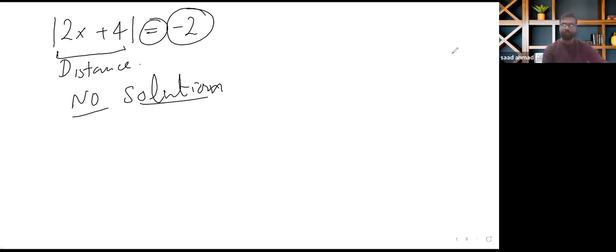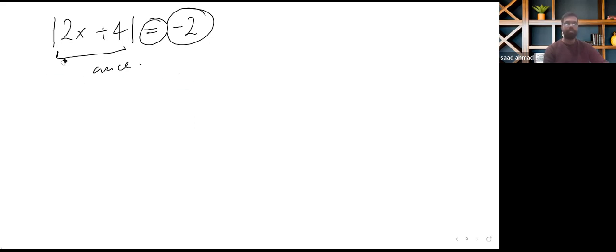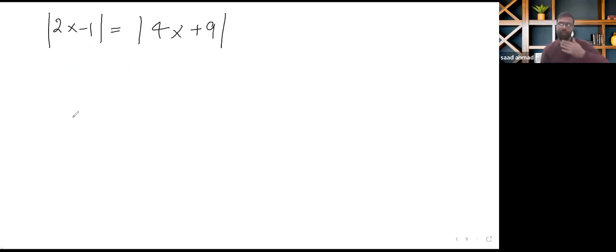And then we can also have some scenarios when we have the absolute value on both sides. Let's say we have the absolute value of 2x minus 1 equals the absolute value of 4x plus 9. Now in this case, how will we write it?